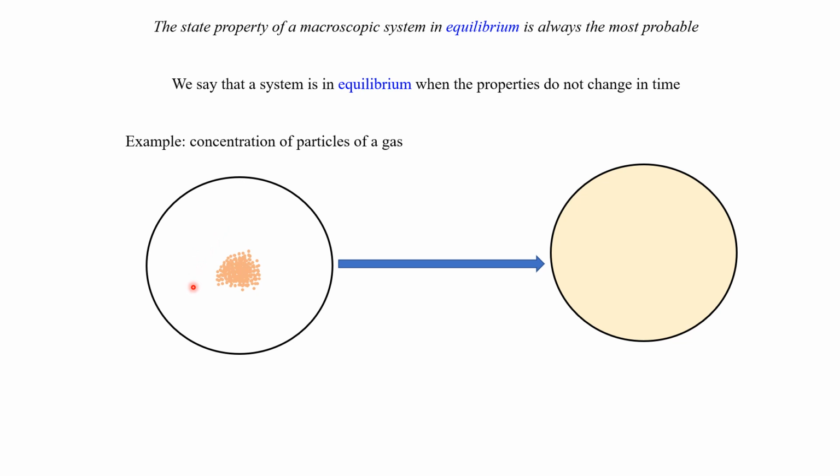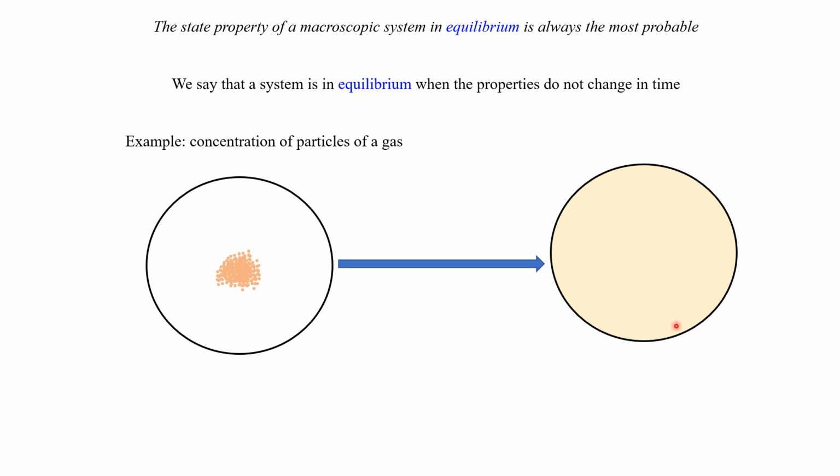Suppose that we trap all the particles at the center of the container. We know that this kind of concentration is not a property of equilibrium, because if we let go of the trap, if we release the particles, then they will move randomly, and after some time the concentration will be uniform.